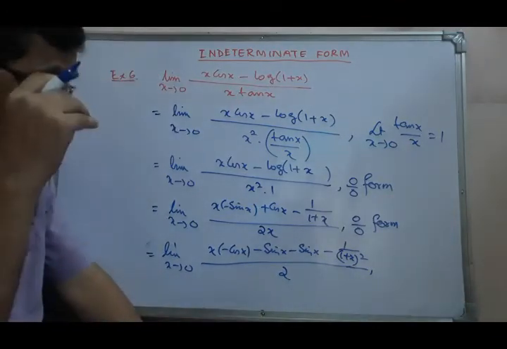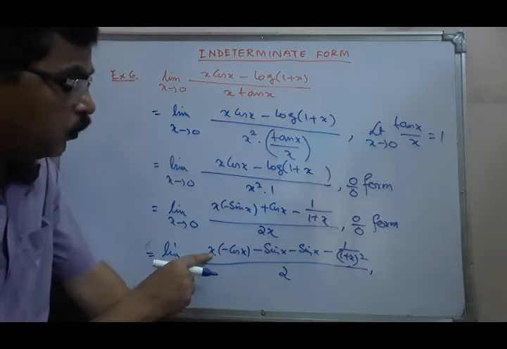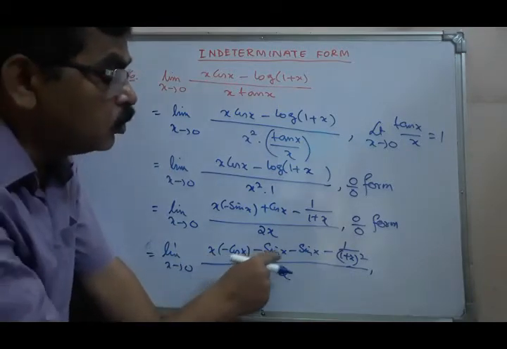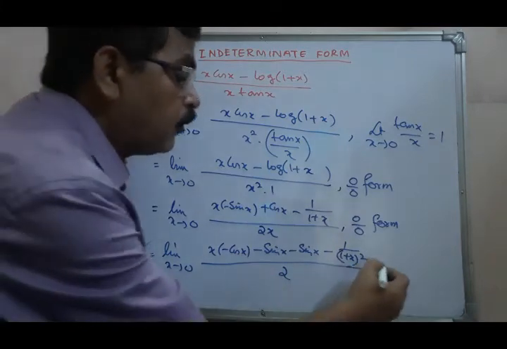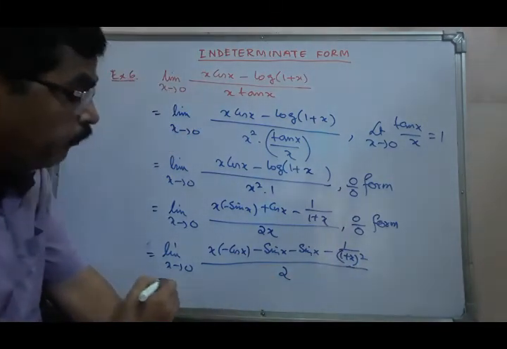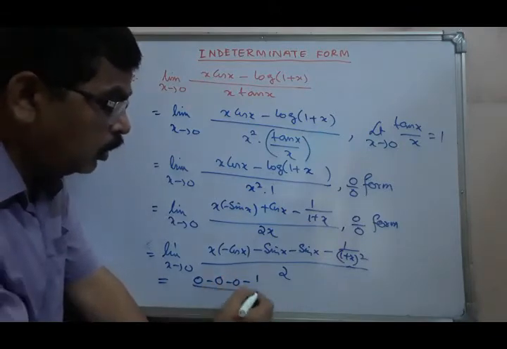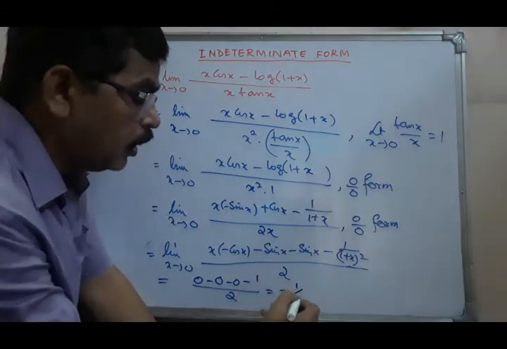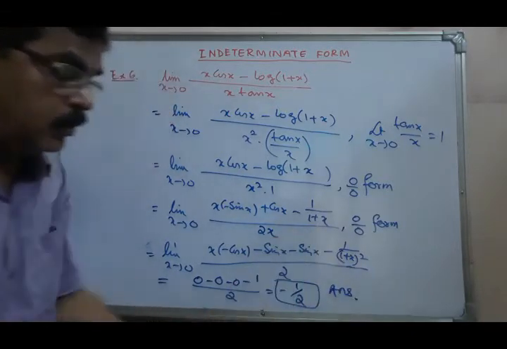Now check whether it is coming 0 by 0 form or not. So if you replace x equal to 0, it is 0, it is 0, it is 0, it is 1 by 1, that is 1 by 2. So final answer will come 0 minus 0 minus 0 minus 1 divided by 2. So this is the answer.